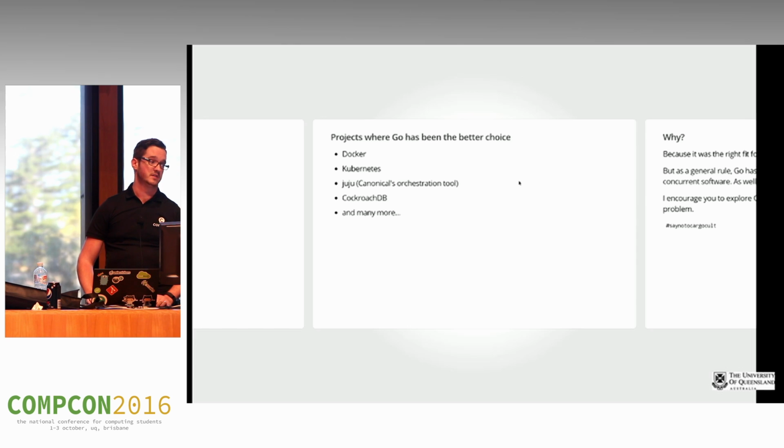Some big projects that have used Go, because there are a lot more than this, but these are the big ones that most of you will recognize. Docker, Kubernetes, Juju, CockroachDB is a brand new database that's got some very awesome properties.